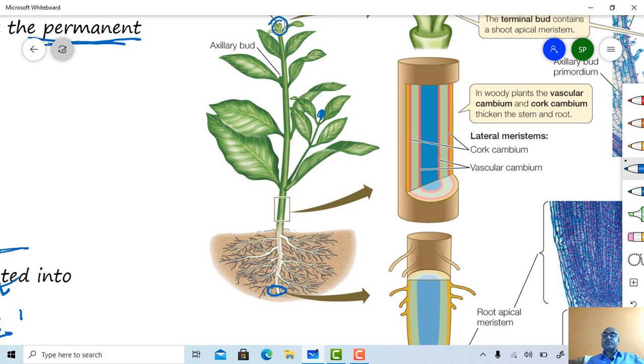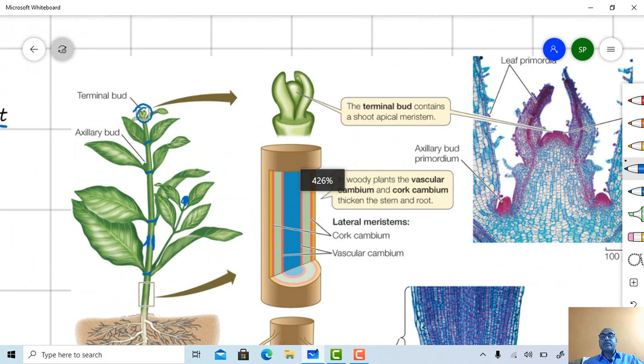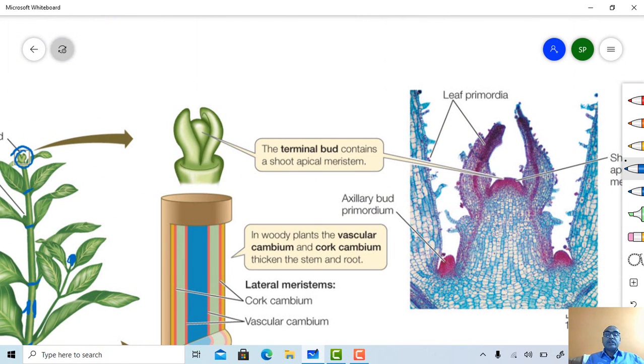Intercalary meristems are generally present at the nodal region, but strictly in monocots. And lateral meristems are present at the peripheral side. Just see, this one is a terminal bud, and this terminal bud contains the shoot apical meristem.